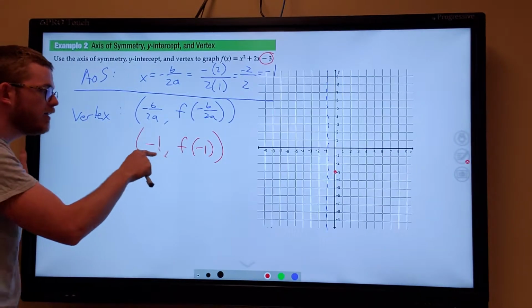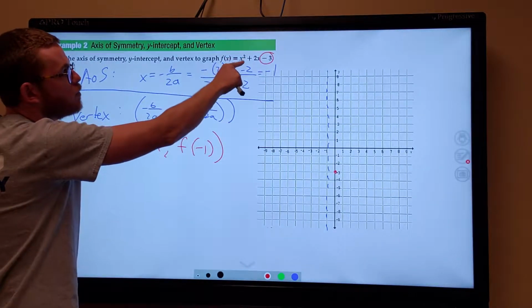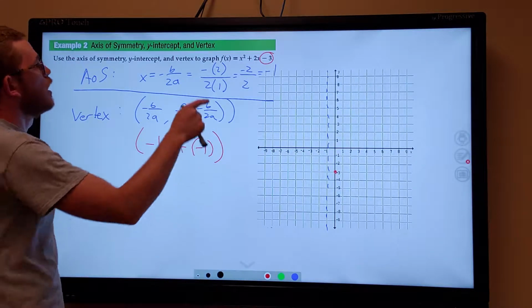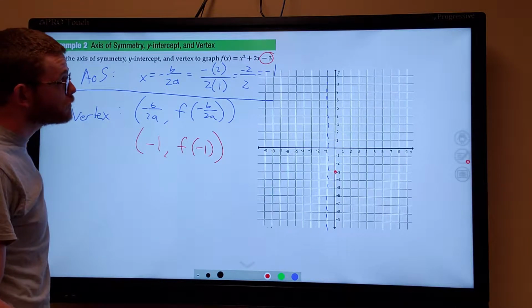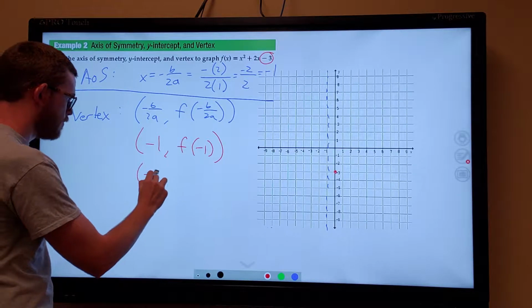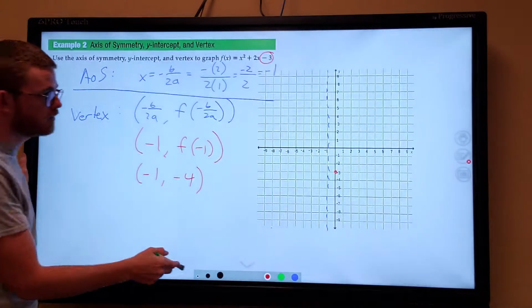We're going to plug in that x value to find the output. So if we put in a -1, we've got 1 minus 2 minus 3. 1 minus 2 is -1, minus 3 is -4. So we've got our vertex.